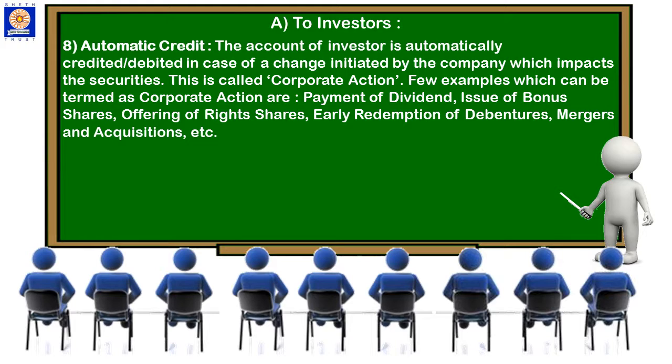This is called corporate action. Examples of corporate actions are payment of dividend, issue of bonus shares, offering of rights shares, early redemption of debentures, mergers and acquisitions, etc. These are actions taken by the company in which you have invested through shares.